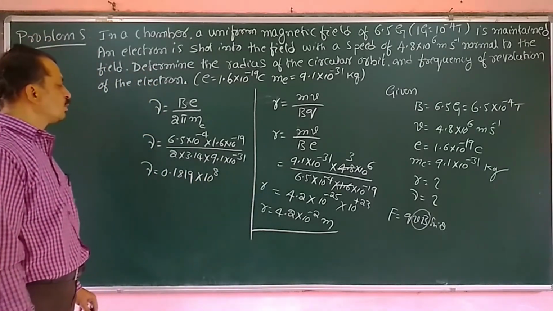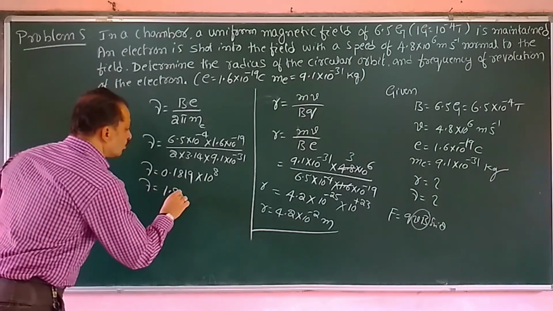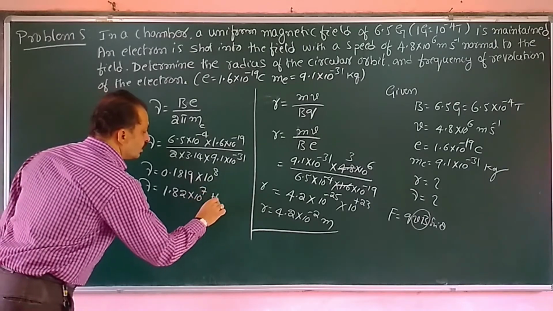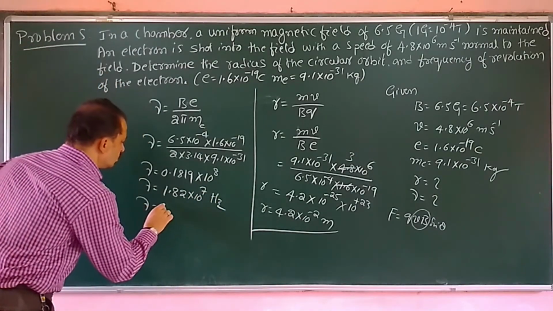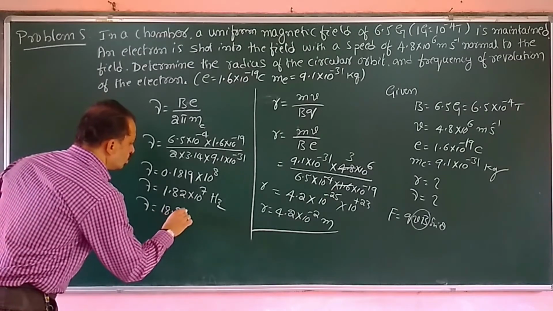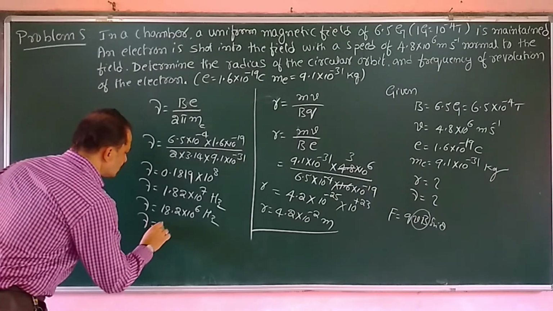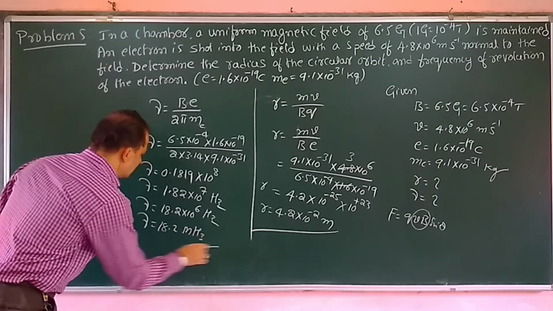0.1819 into 10 to the power of 8, or the frequency of revolution is 1.82 into 10 to the power of 7 hertz, or equal to 18.2 into 10 to the power of 6 hertz. 10 to the power of 6 hertz is taken as megahertz.